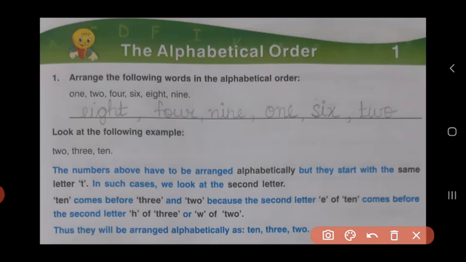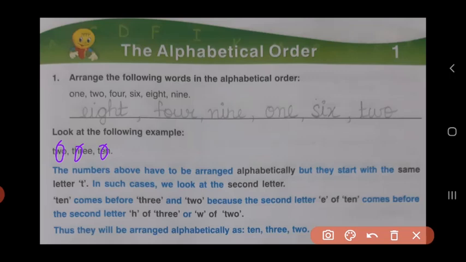In that the second letter is W. In 3, the second letter is H. And in 10, the second letter is E. So what do I have? W, H and E. Out of these letters, which will come first in alphabetical order?